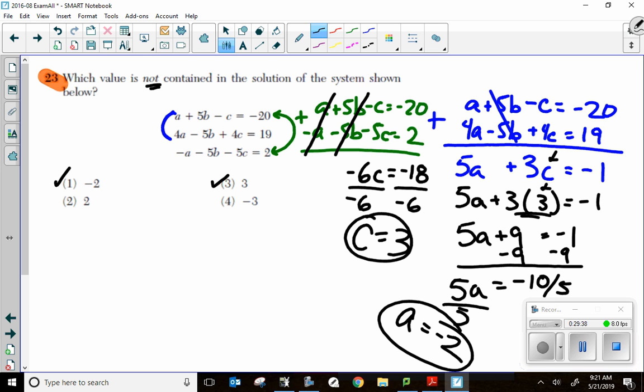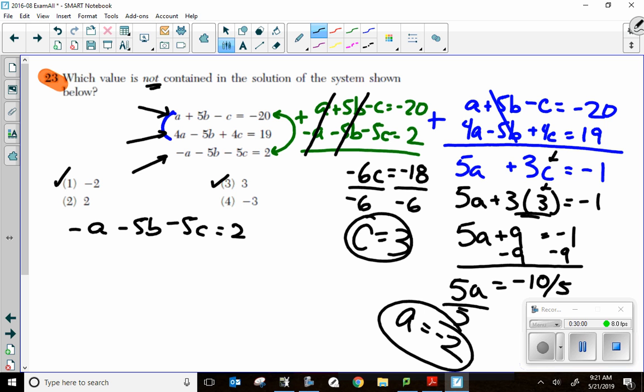So now let's pick any one, the first, the middle, or the last, and plug in C and A to find B. I'm going to pick the last one because the numbers seem smaller. So I have -a minus 5b minus 5c equals 2. Now keep in mind, you could have picked the first or second one. People might not want to pick the third one because, oh, there's all negative signs. It's fine.